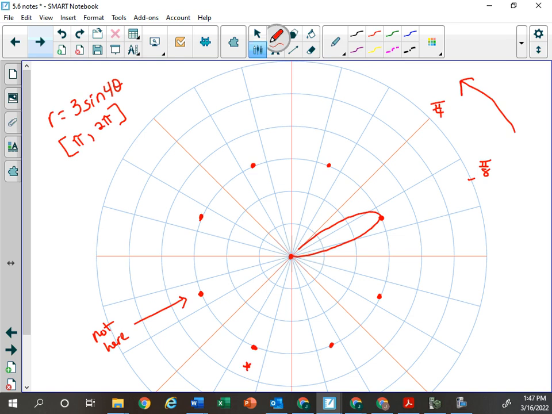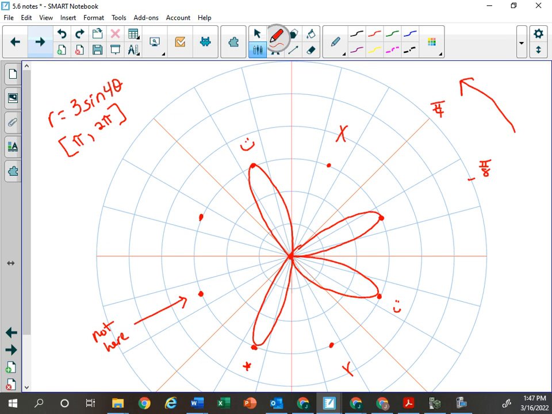So this will be my second point. And then that same process, not here, here. You guys see it?